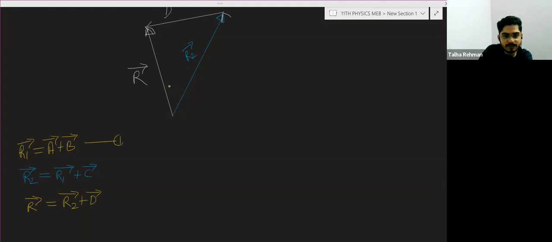So this is our equation number 1, equation number 2, equation number 3. Now add all the equations 1, 2, and 3.